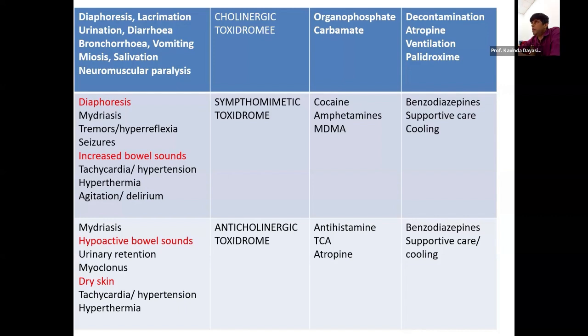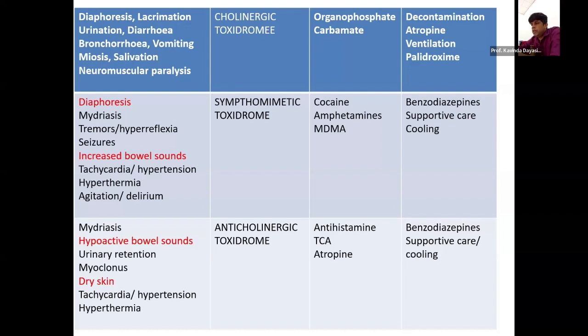They can result in myocardial infarctions because of the increased metabolic demand on the heart. Management is mainly supportive. You try to settle the patient using sedatives and active cooling. Here it's a hyperthermia, not a fever, so paracetamol is not effective. You have to use active cooling measures.